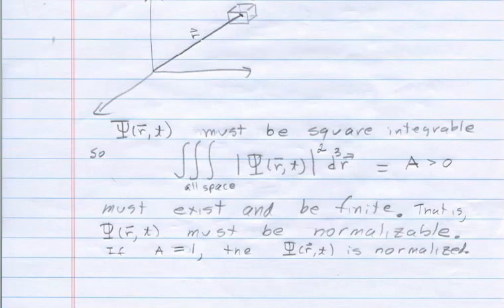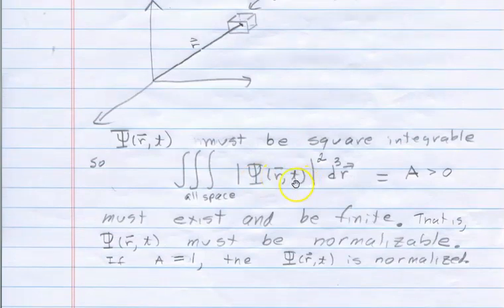The modulus squared of psi must be square integrable, so this thing has to exist, and that means that this A has to be a finite number. It's always bigger than 0, but it can't be equal to infinity. That would be a case where psi diverges.